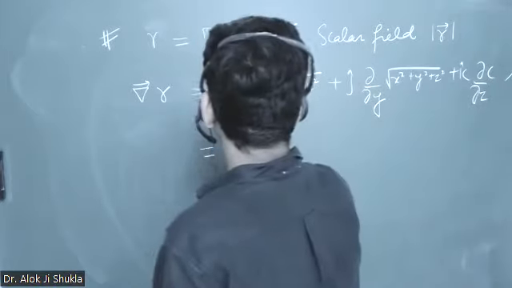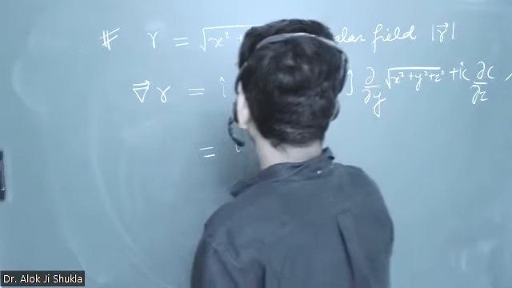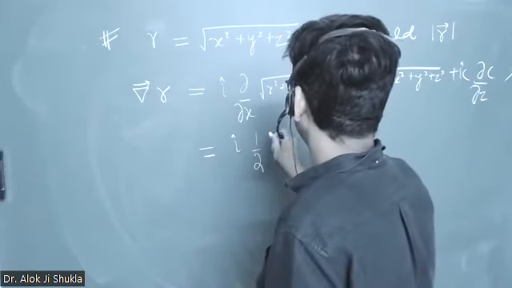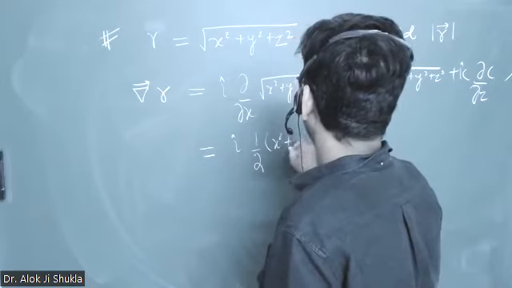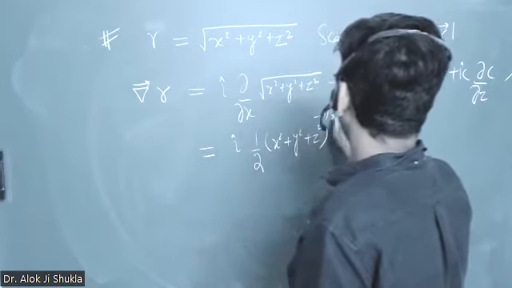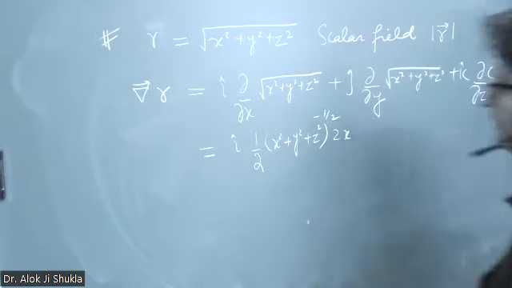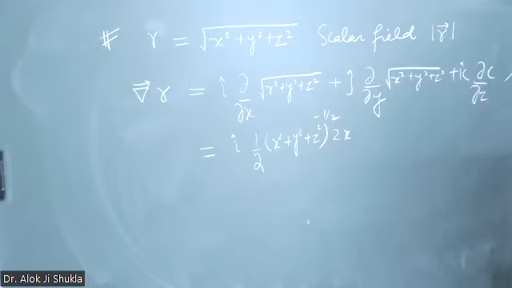What will be this? If you take derivative, 1 by 2 (x square plus y square plus z square) to the power minus 1 by 2 into 2x. बोलो भाई. Yes, sir.